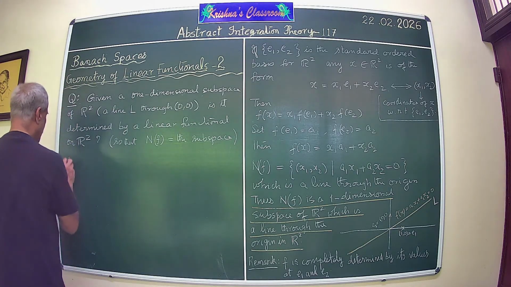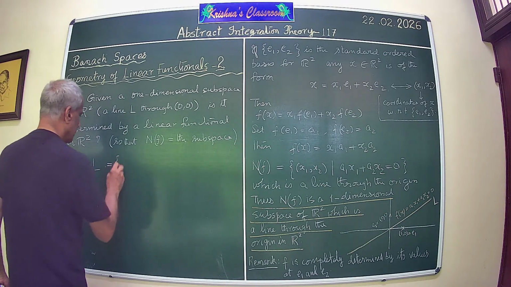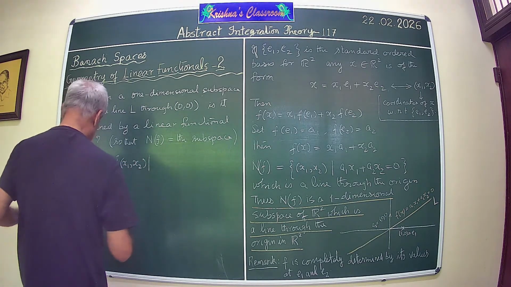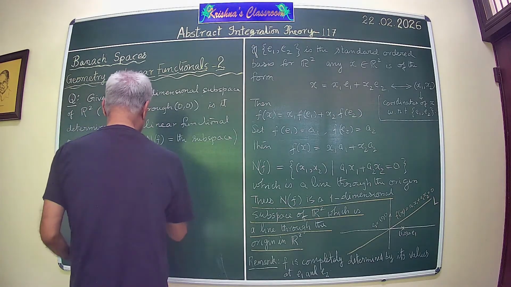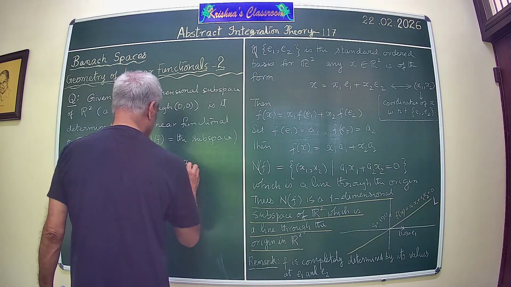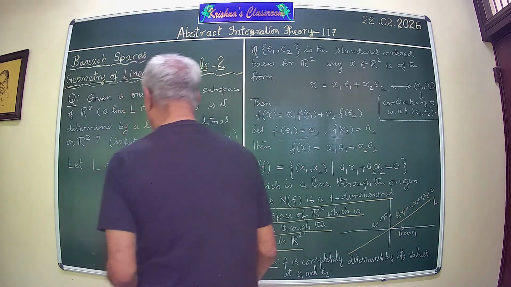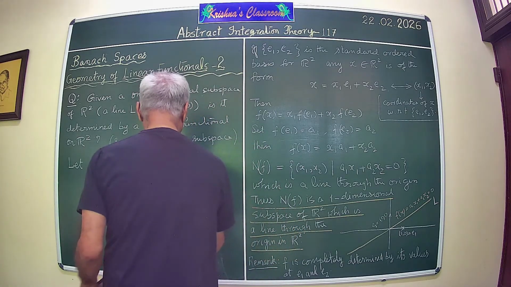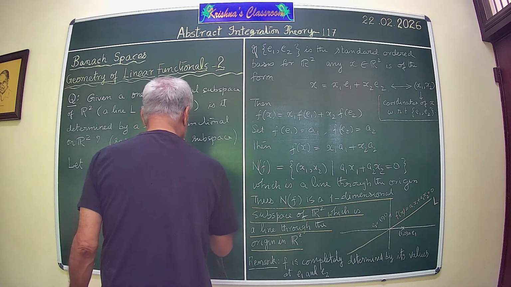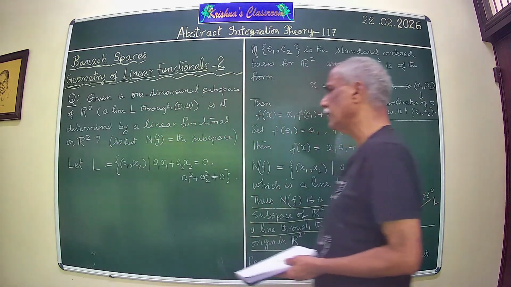So let the given line be the set of all (x1, x2) such that a1 x1 plus a2 x2 equals 0, and we want f not equal to 0. So we insist on a1 squared plus a2 squared not equal to 0, so that both a1 and a2 are not simultaneously 0.